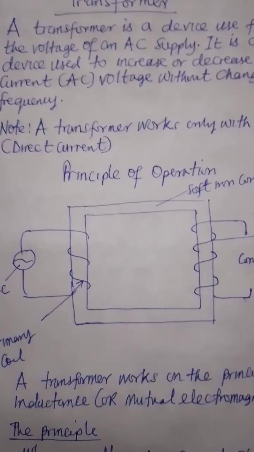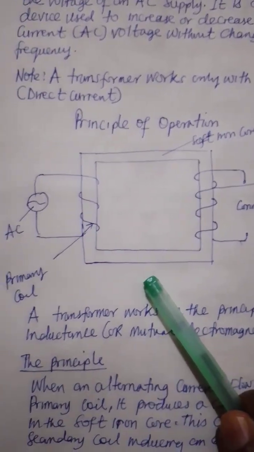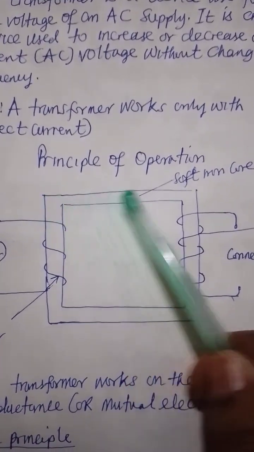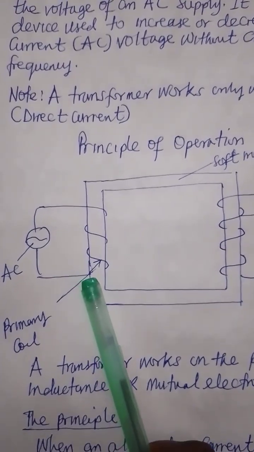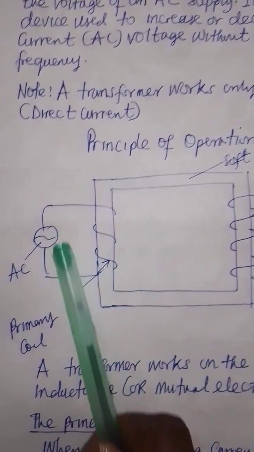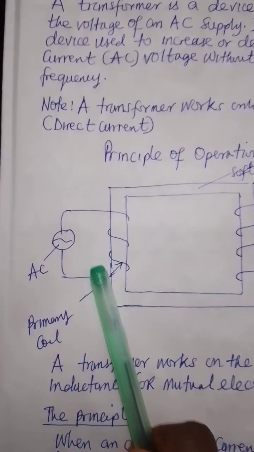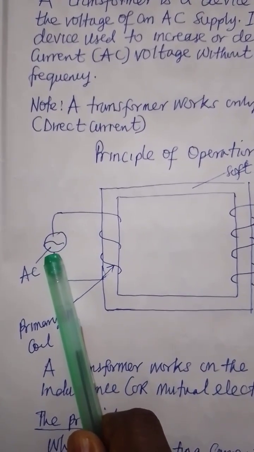What then is the principle of operation? This is a schematic view of a transformer. You have the soft iron core. You have the coil wound on the primary side of the soft iron core, and this is connected to an alternating current.